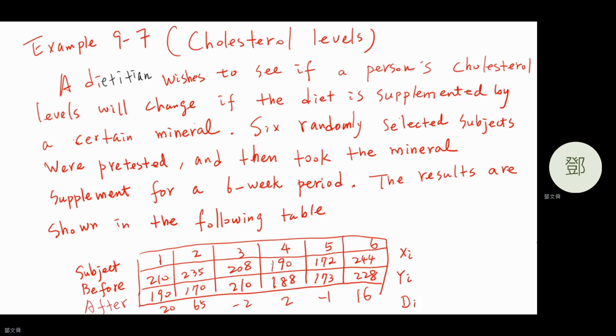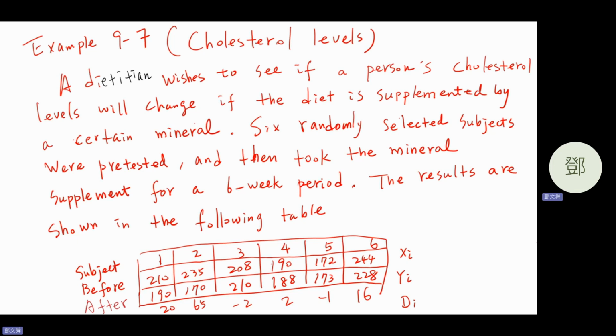And the results are shown in the following table. Subject 1, subject 2, all the way to subject 6, because there are 6 subjects. Before they were provided the supplement, they had a test of cholesterol level, which are 210, 235, all the way to 244.